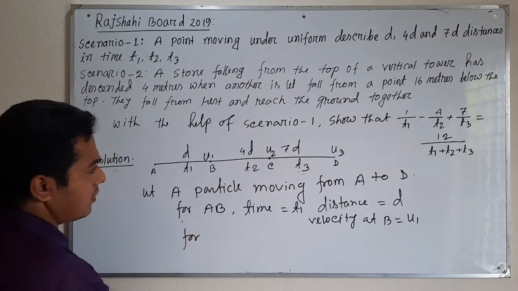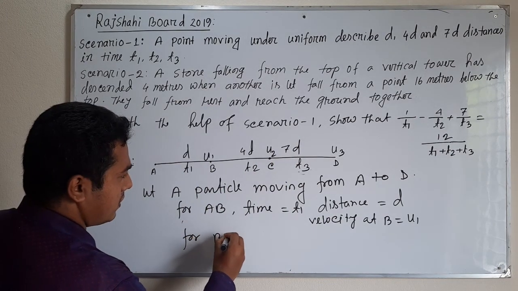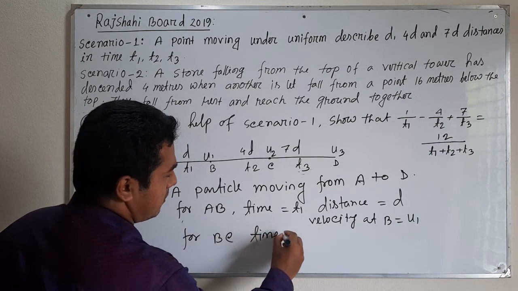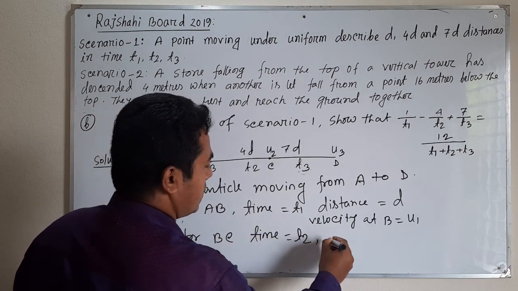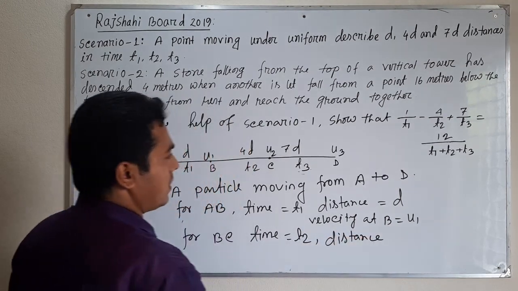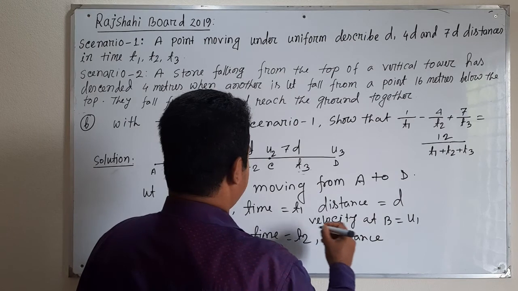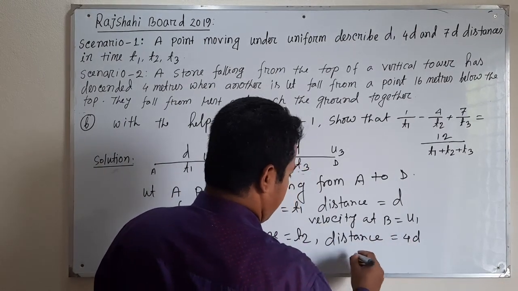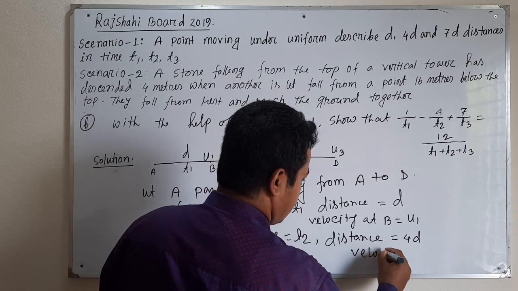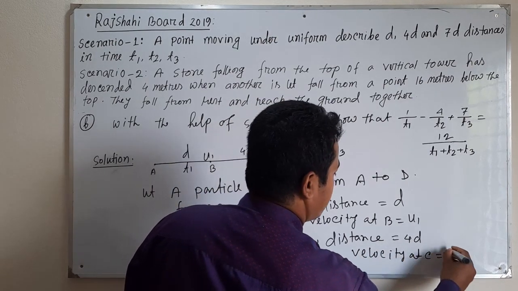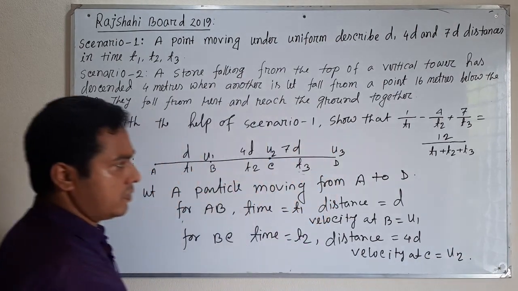For BC, time is equal to T2, distance is equal to 4D, and velocity at C is equal to U2.